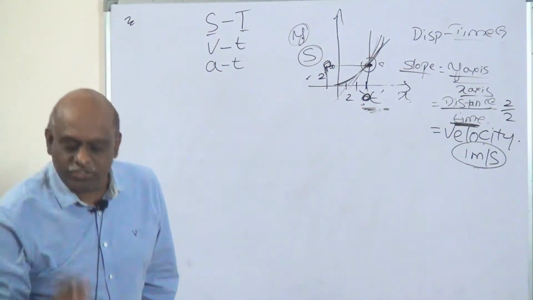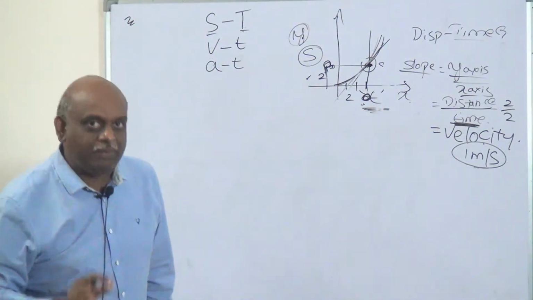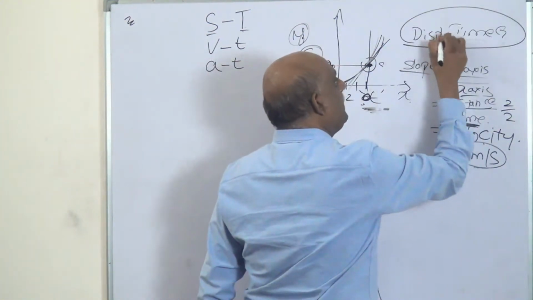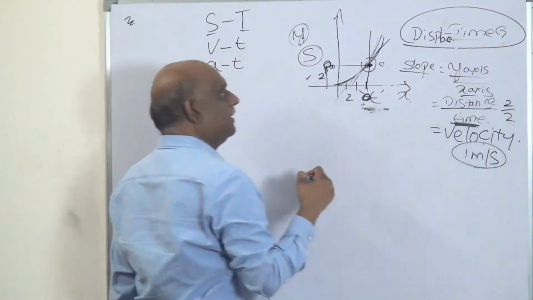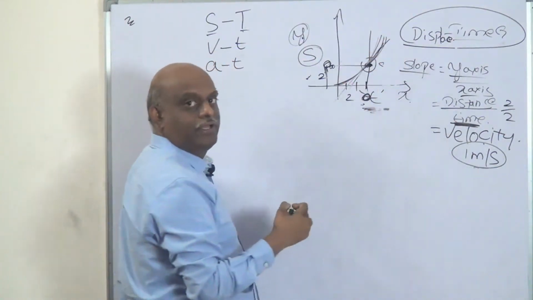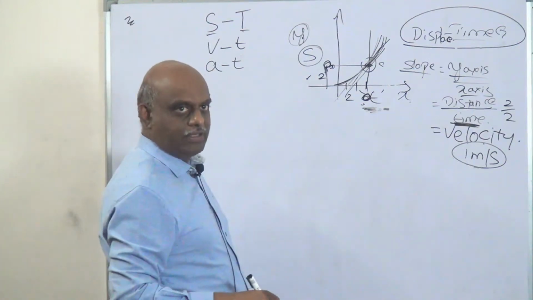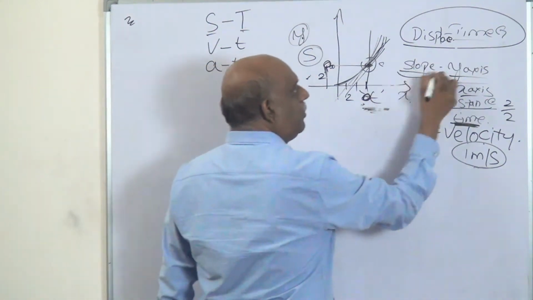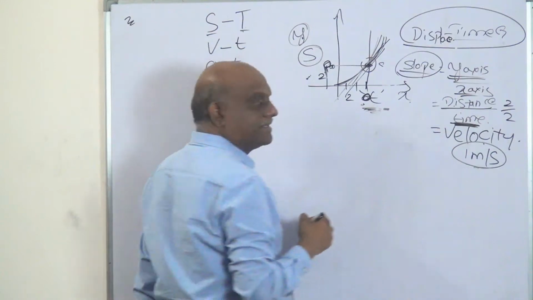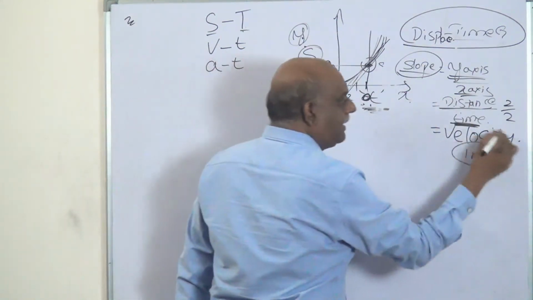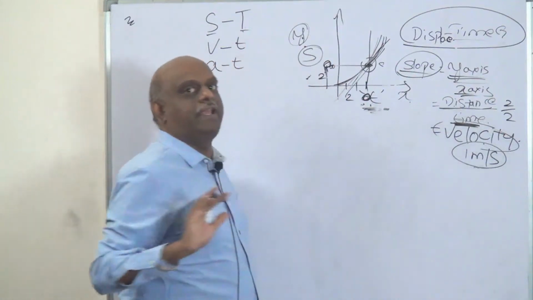So, the most important point you should remember is the whole purpose of displacement time graph is you take this graph, at any point you calculate the slope, then that slope is y-axis by x-axis, and that is distance over time and that gives you the velocity.